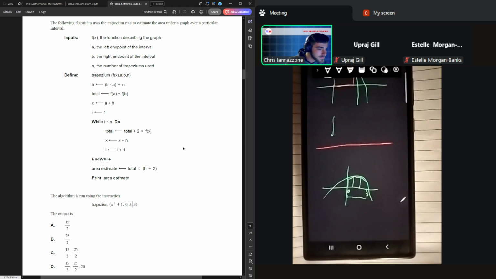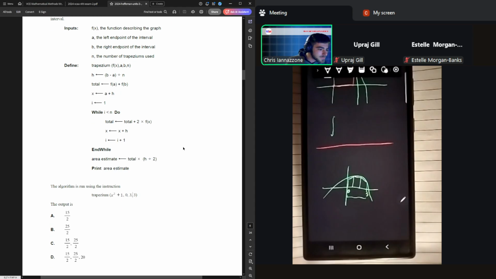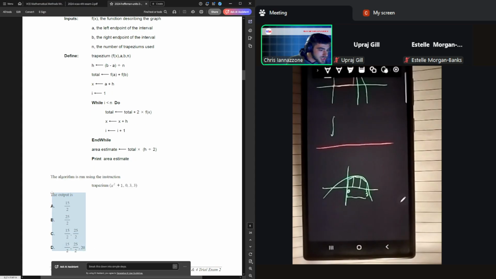But at the end of the day, now that we know this is just trapezoidal rule, we can do it like we're already used to, which already allows us to rule out some answers.